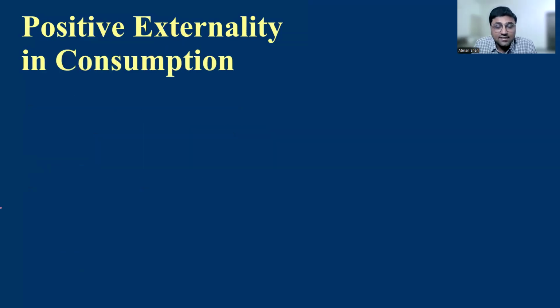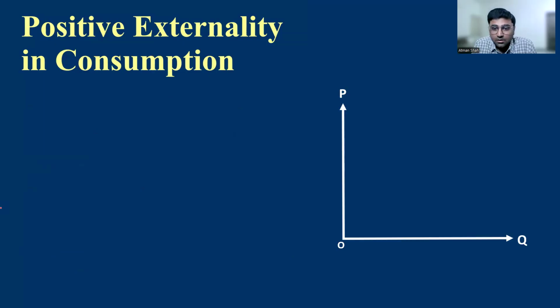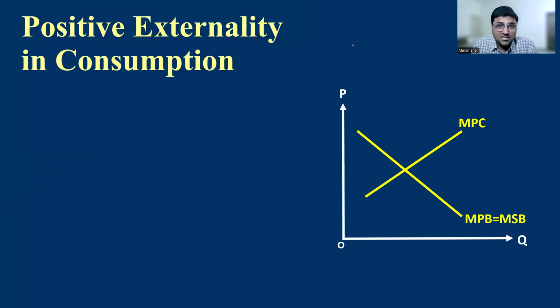So let's understand this again with the help of the diagram. Quantity on the x-axis, price on the y-axis. Now there is no external effect or externality in terms of consumption, and therefore marginal private benefit is exactly equal to marginal social benefit. This is marginal private cost. E is the equilibrium point, OP is the equilibrium price, and OA is the equilibrium quantity.